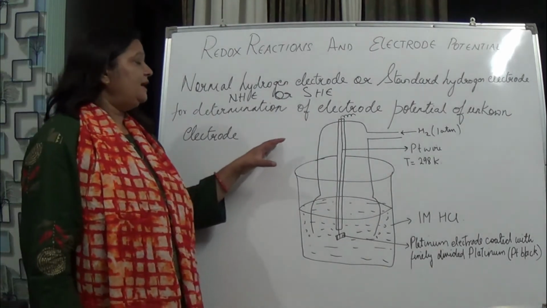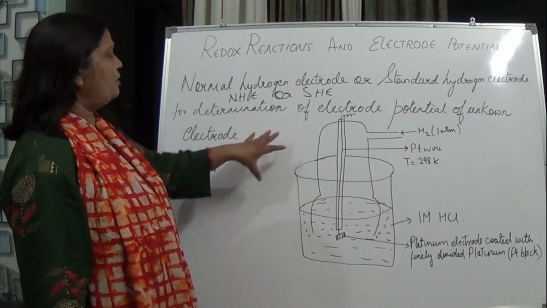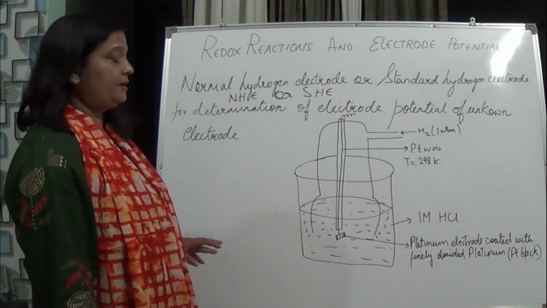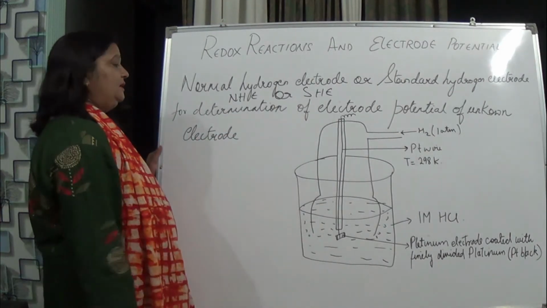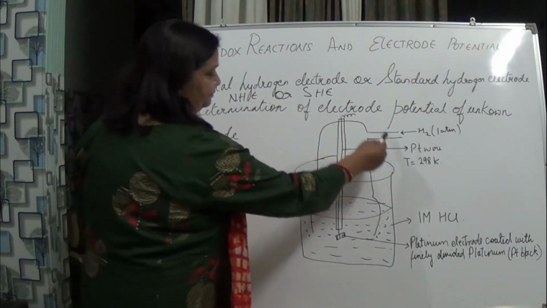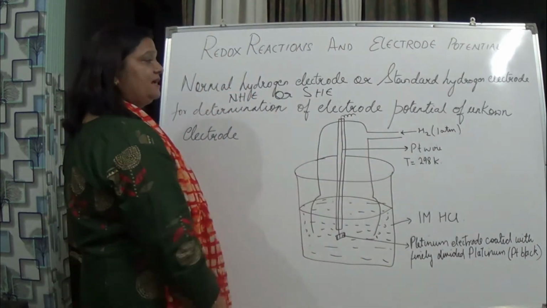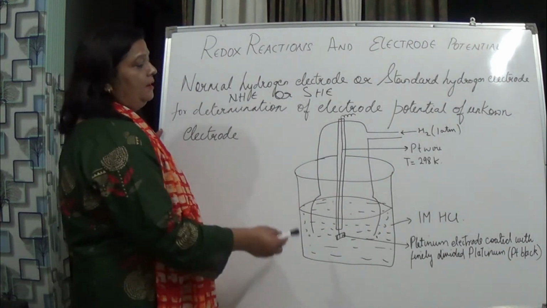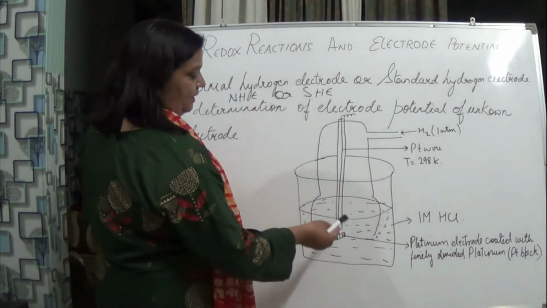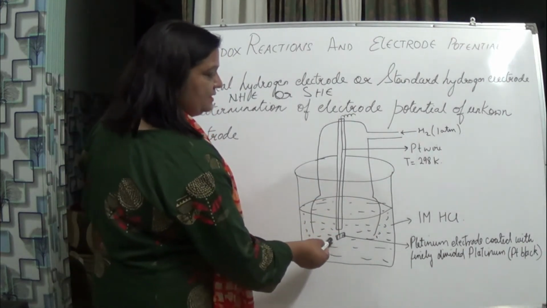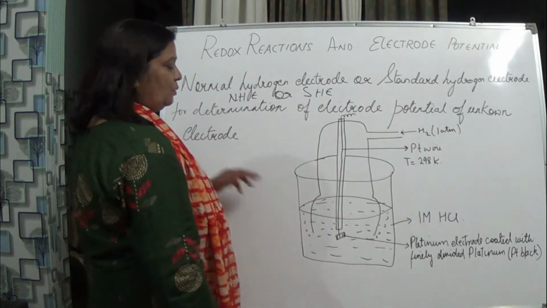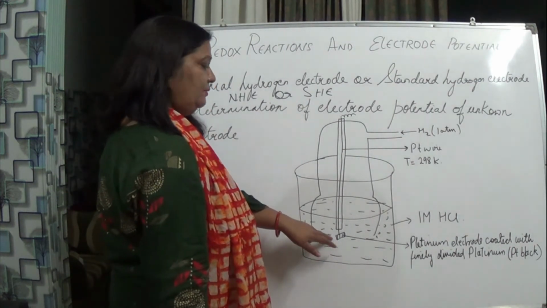Why are we saying it as normal hydrogen electrode or standard hydrogen electrode? Here we are seeing the SHE, the standard hydrogen electrode. It is a platinum electrode, coated with platinum actually.